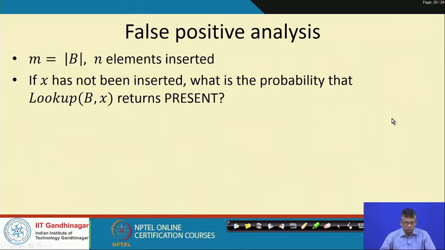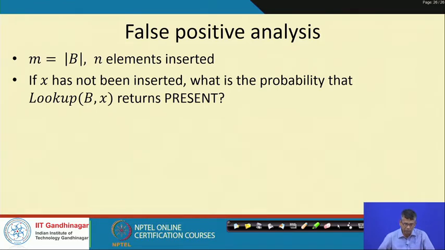In order to analyze this, we need to analyze the event of what is happening when we call lookup of Bx, right. So, if x has been inserted, there is nothing much to do, because we know that lookup of Bx will always return present.